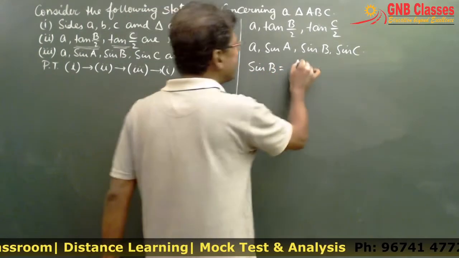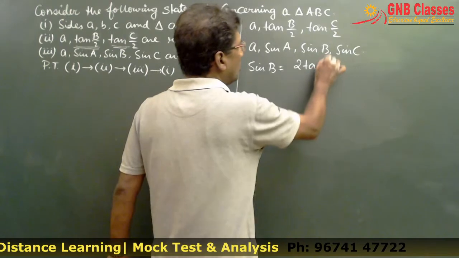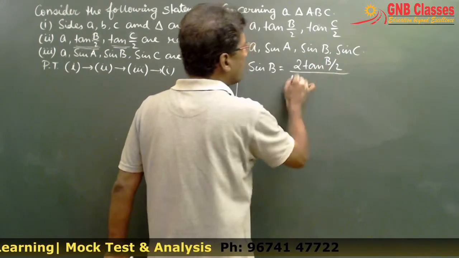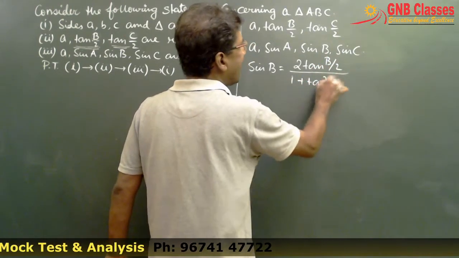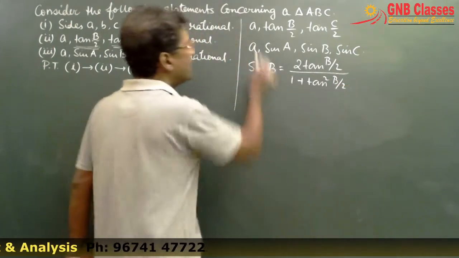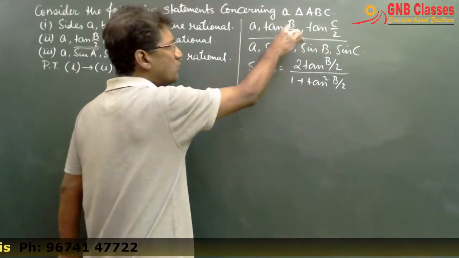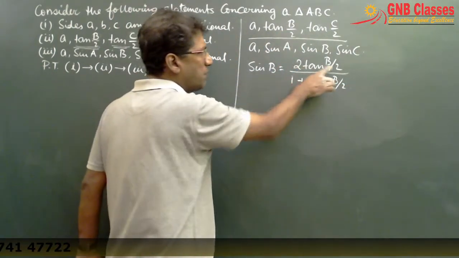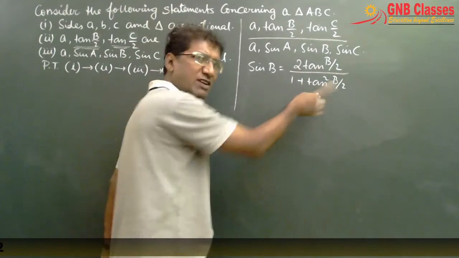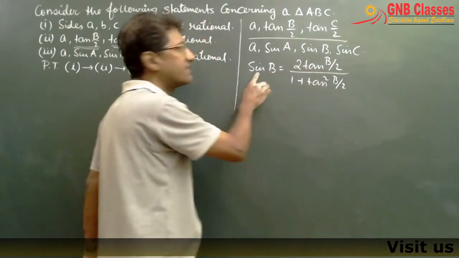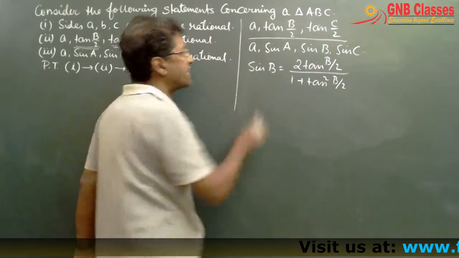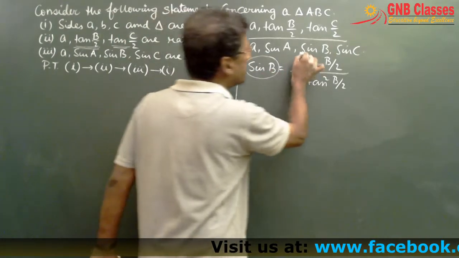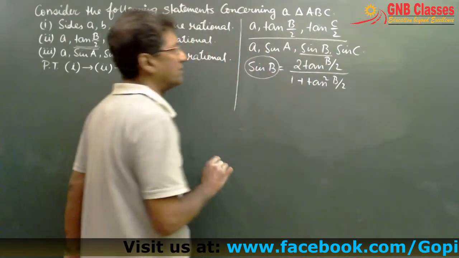Sin B can be written, in terms of tan, as 2 tan B/2 divided by 1 plus tan square B/2. Now, we know that tan B/2 is rational. Therefore, 2 tan B/2 divided by 1 plus tan square B/2 is also rational. Implies sin B is also rational.